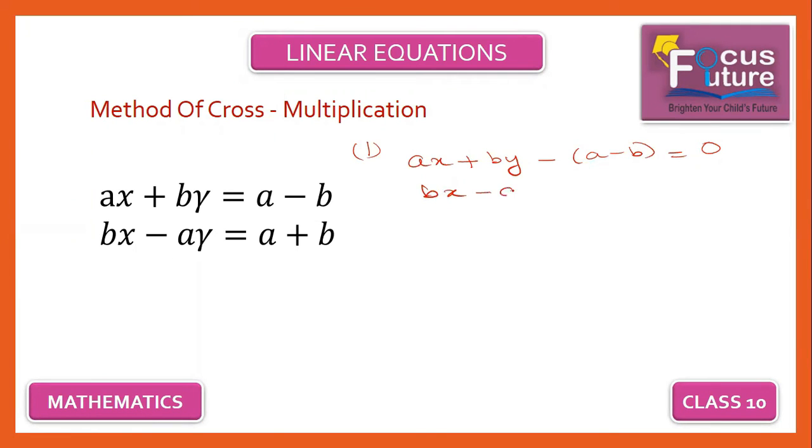Equation 2: bx minus ay minus a plus b on the left hand side is equal to 0. Step number 2, you would write x, y.